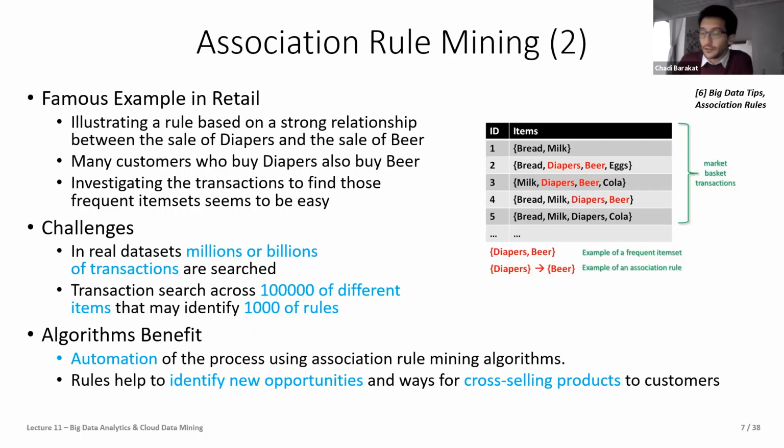But mostly, as a data scientist, it would be your job to find out these things and to tweak your algorithms to be able to create new interesting information. So this is one of the most famous retail examples, and it illustrates the basic rules.